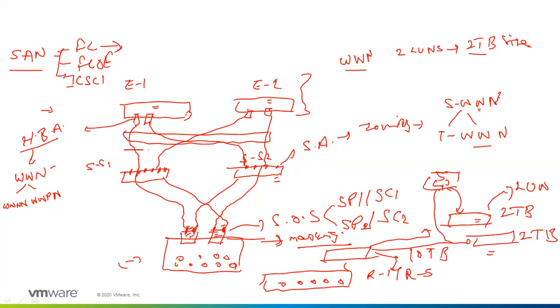Once you rescan your HBA and refresh your storage, you would be able to see them, because you will get confirmation, boss, I have given you the LUNs, and you will see 2 TB raw LUNs. When I say raw, it means that is not formatted so far.